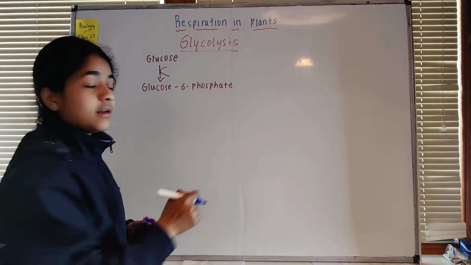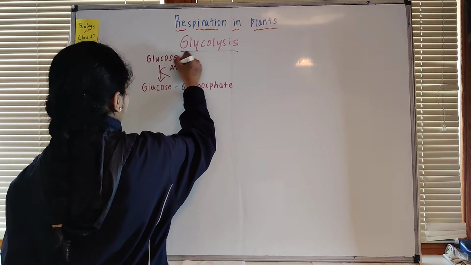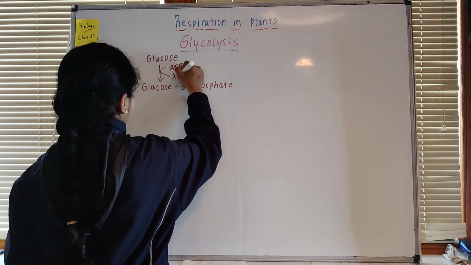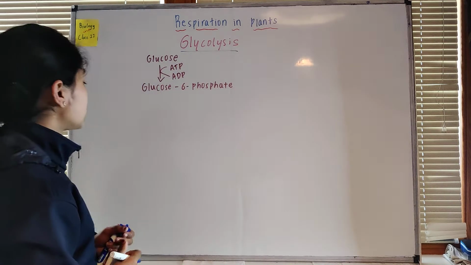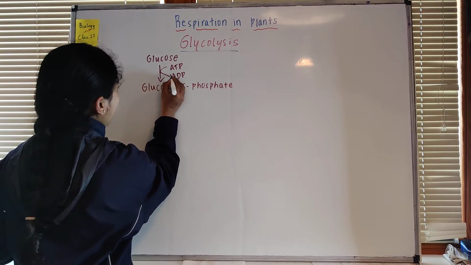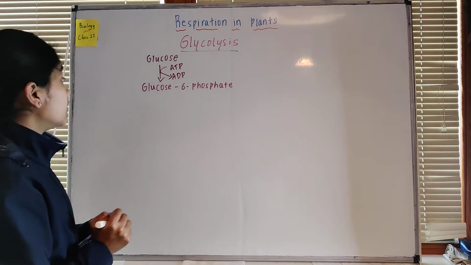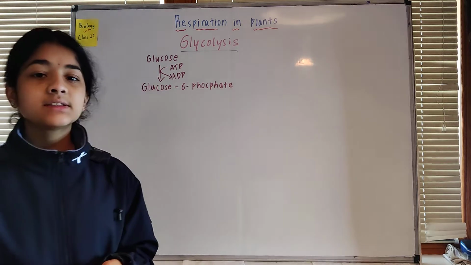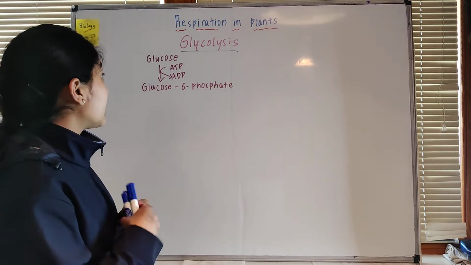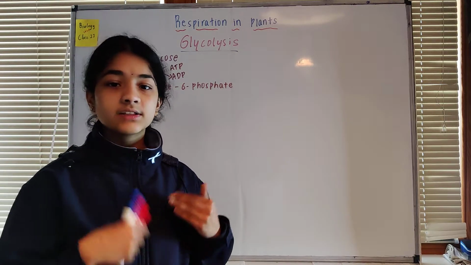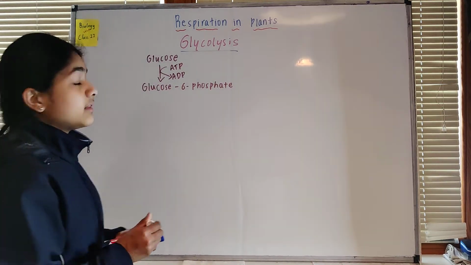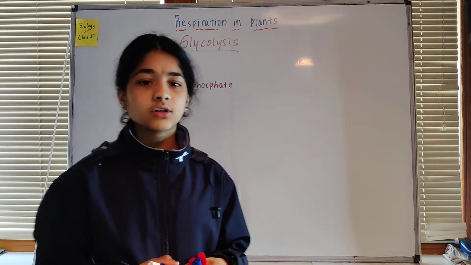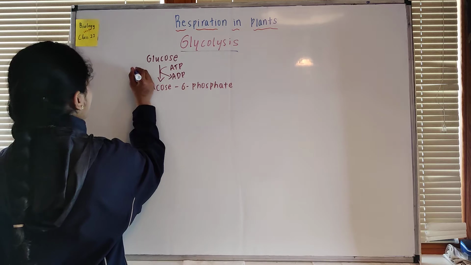Here ATP gets reduced into ADP. So adenosine triphosphate has got reduced into adenosine diphosphate. Here ATP is getting invested. That means ATP is getting converted into ADP, which only has 2 phosphates. And the enzyme which helps in this conversion of glucose into glucose 6-phosphate is phosphorylase.